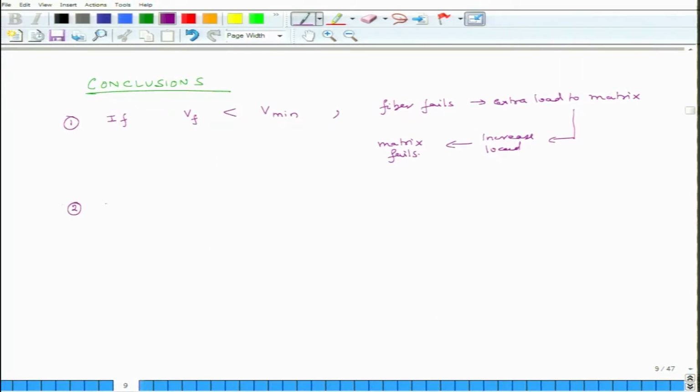Second case, if Vf equals V min, then fiber, matrix, and composite fail simultaneously.